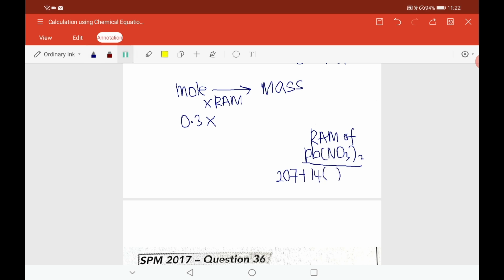Oxygen, the RAM is 16, and we have a total of 6 oxygen in the lead nitrate. So we key into the calculator 207 plus 14 times 2, plus 16 times 6. You get 331. That is the RAM.